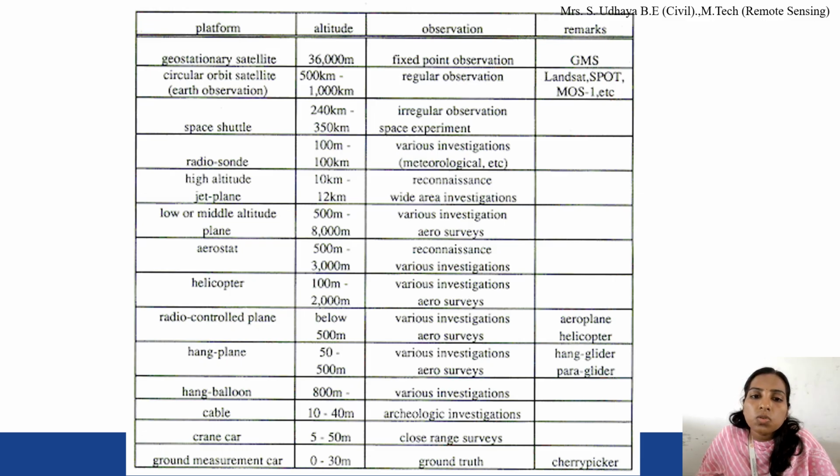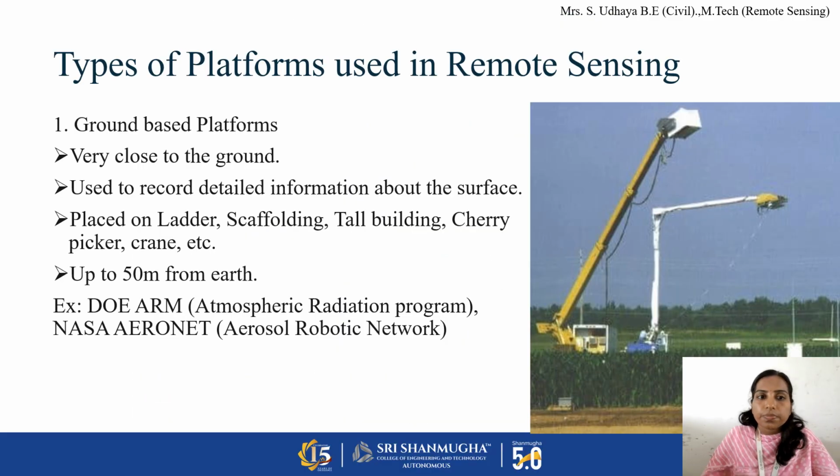Helicopters, 100 meters to 2,000 meters, are used for various investigations and aero surveys. Then hang planes, balloons, etc. range from 50 to 800 meters. Then ground measurement cars, crane cars, and cables are used for archaeological investigations, close range surveys, and ground truth. Cherry pickers are also a part of ground observations.